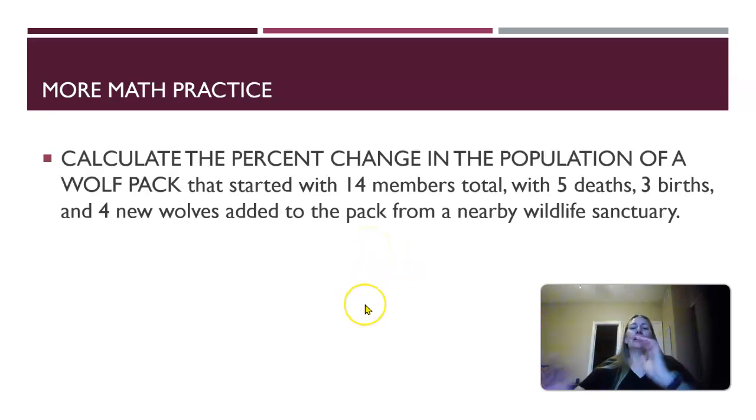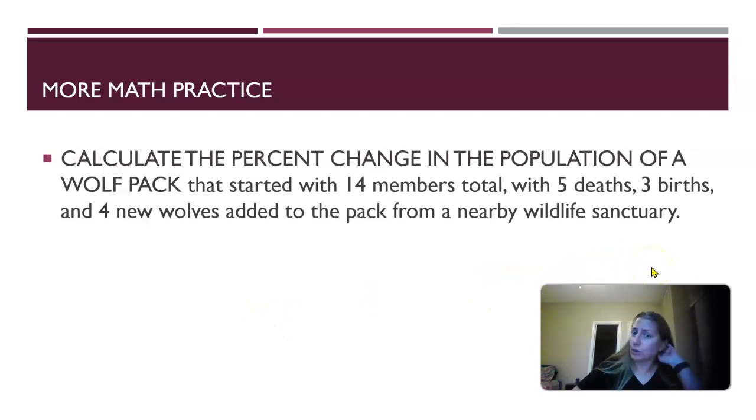So calculate the percent change in a population of wolves that starts with 14 total wolves. And then in our scenario, we've got 5 deaths, 3 births, and 4 immigrating wolves being added to the pack from a nearby wildlife sanctuary. No emigration, no wolves are leaving the pack, because that doesn't really happen.